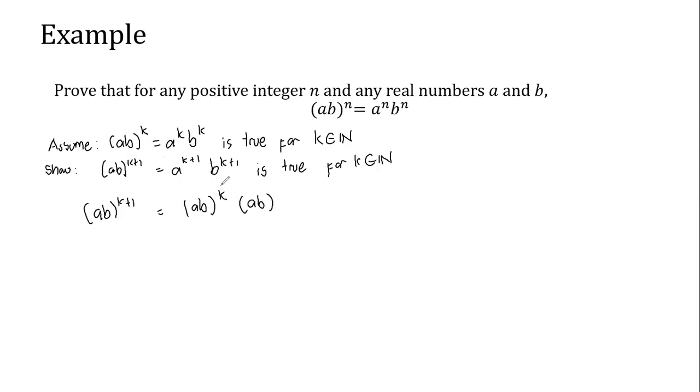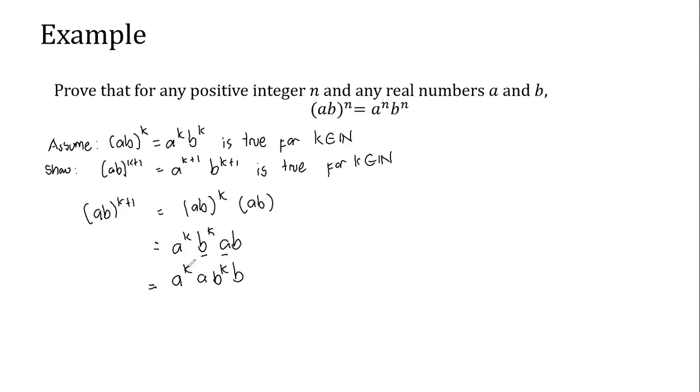So, this will be equal to a raised to k, b raised to k. Okay, so from our assumption, kasi dito sa hypothesis natin, (ab) raised to k, this is equal to a raised to k, b raised to k. And then, we have here ab. And then, since multiplication yan, so pwede nating i-apply yung commutative. So, this is equal to a raised to k, a, b raised to k, b. So, pinagpalit lang natin itong b raised to k tsaka a.